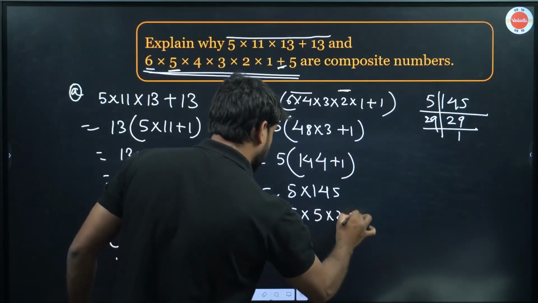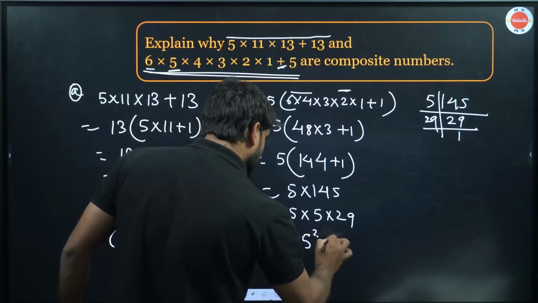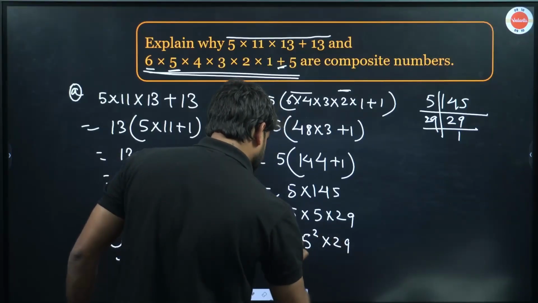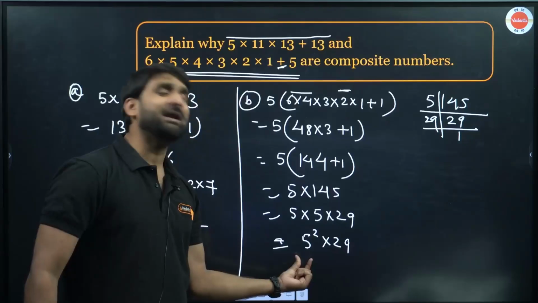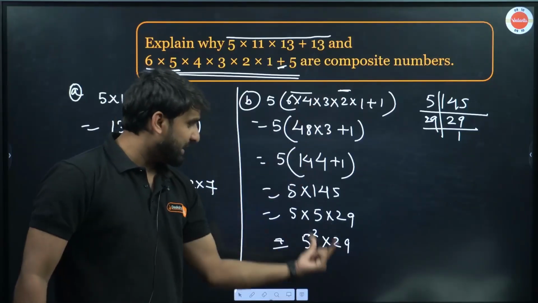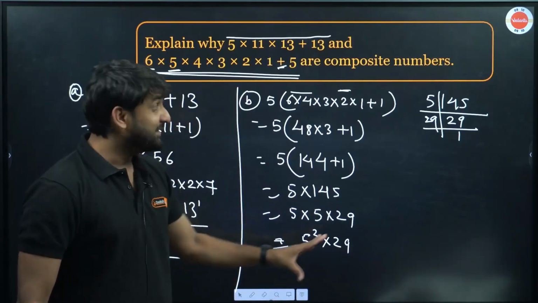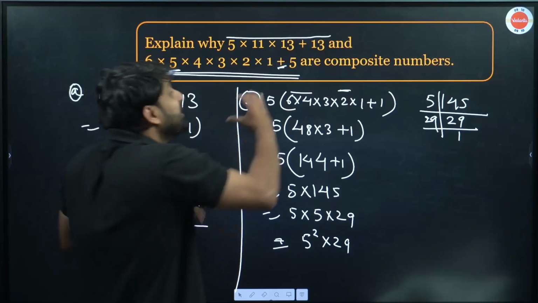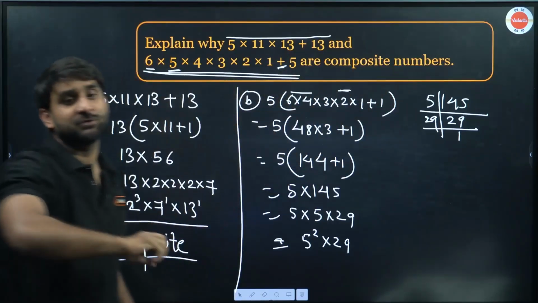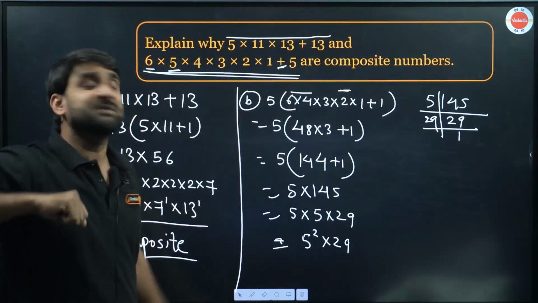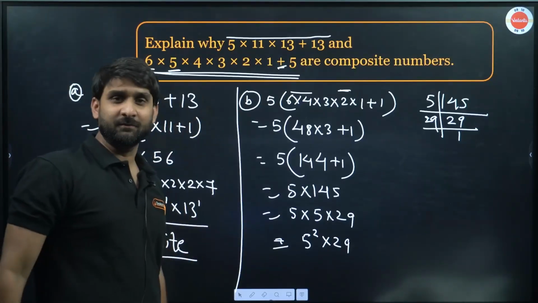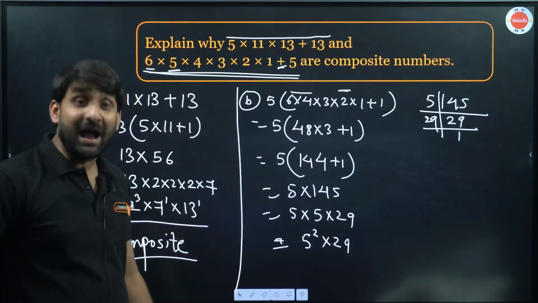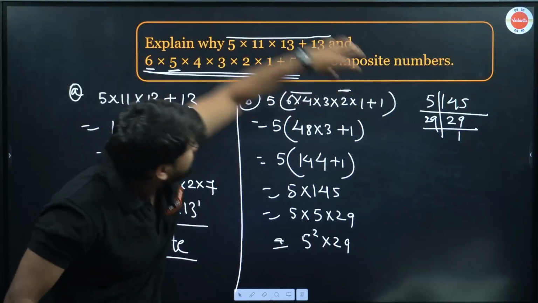5 into 29. And this expansion is saying that this whole number can be divided by 5, this whole number can be divided by 29, and this whole number can be divided by the value of this complete number also. So how many factors is this number having? 3 factors. 5 is a factor, 29 is a factor, and this whole number itself is a factor.